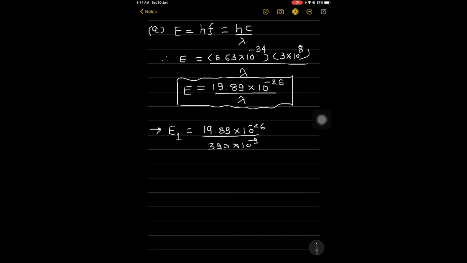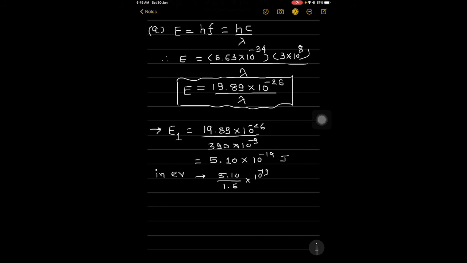It gives us about 5.10 into 10 raised to minus 19 joule. Now we have to convert it into electron volt. So in electron volt, 5.10 divided by 1.6.